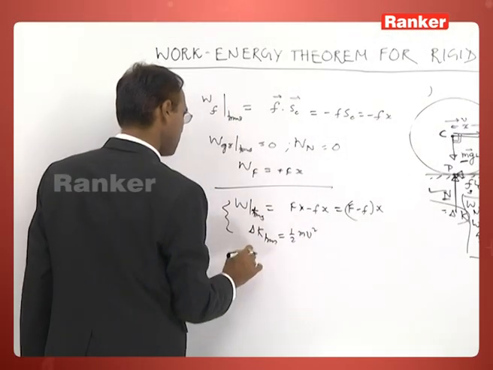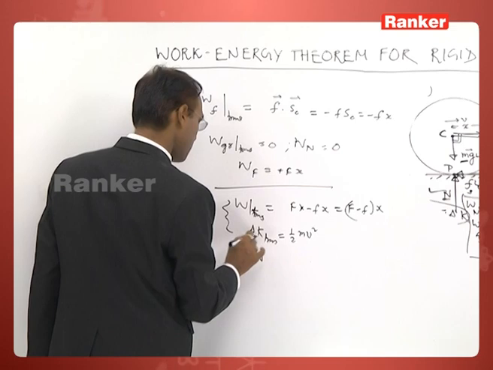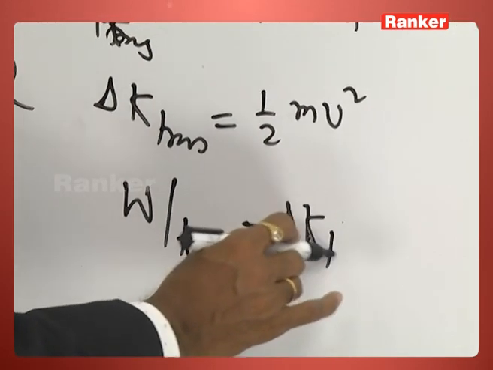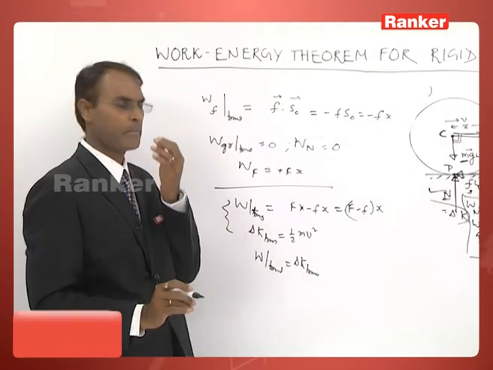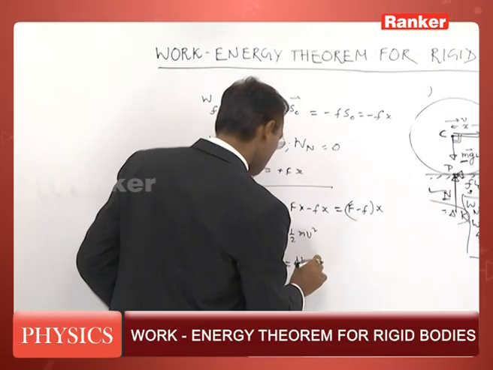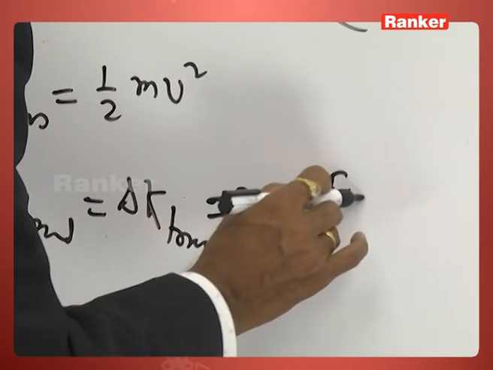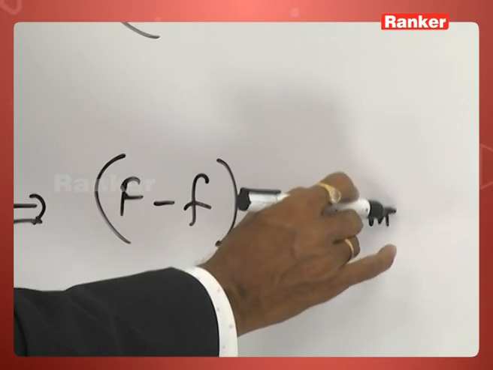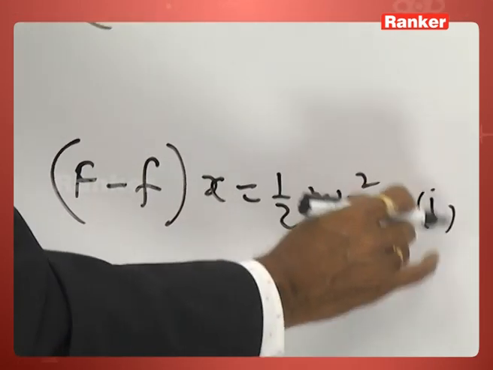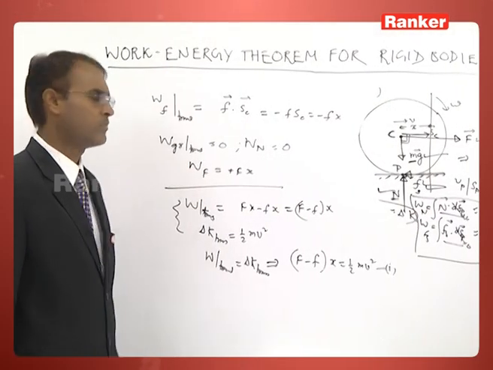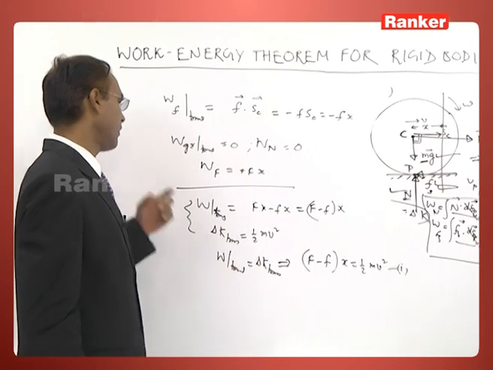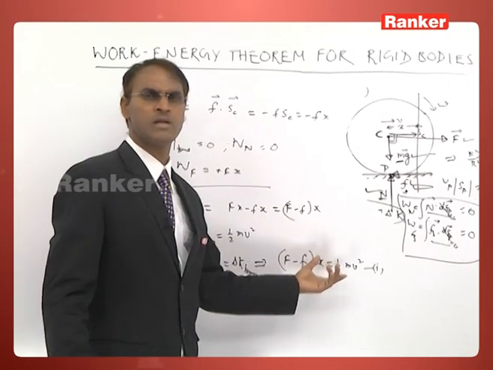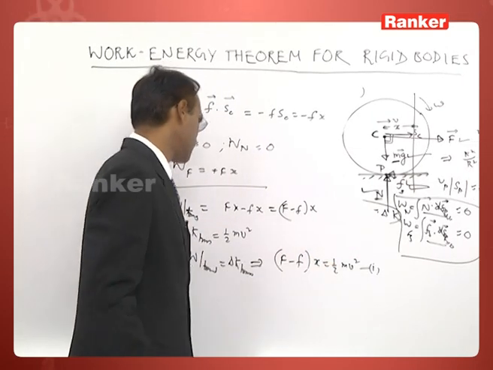Now I apply this concept: the sum of work done by all forces for translating the object is equal to the change in translational kinetic energy. This gives us the equation (F minus small f) into x is equal to half mv square. In this way, we can apply the work energy theorem for translation of this object.